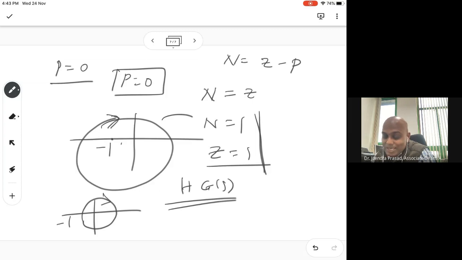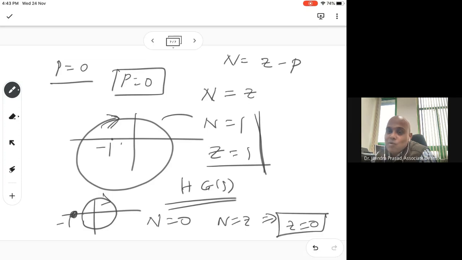If we have a system like this, then actually we have N equal to 0, because -1 is here, it is not encircled, hence we have N equal to 0. If N equal to 0, that tells you N equal to Z, and hence Z equal to 0.